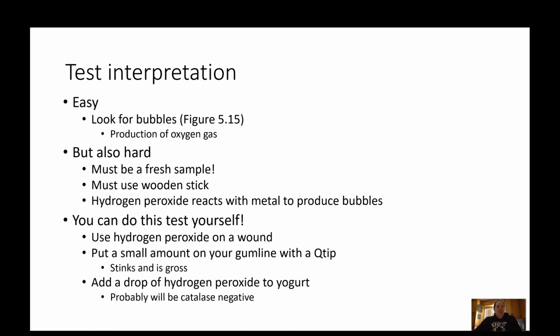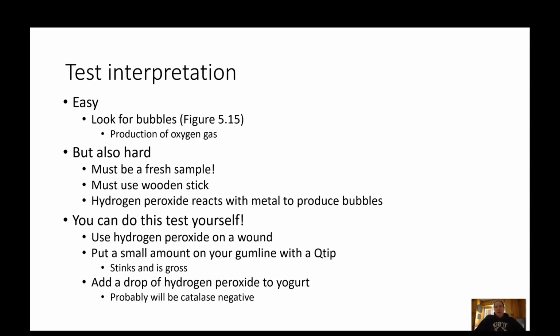But it can also be a little trickier than you might realize because, in fact, this is one of the tests, like if we were in lab and you were doing your unknown, this is probably the test that students screw up the most. Because they don't use a fresh culture and they don't use a positive and a negative control to see how many bubbles could generate.